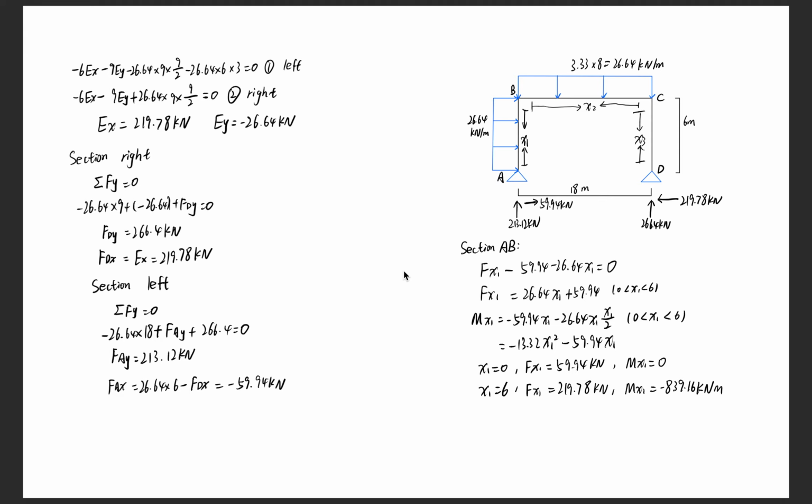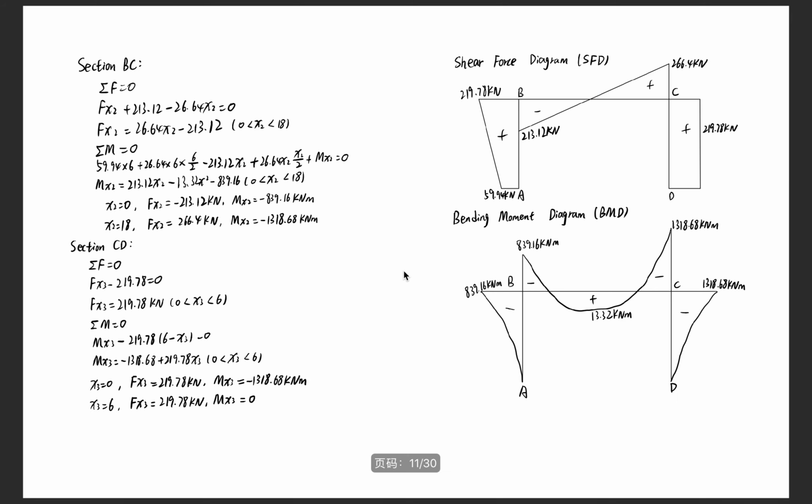For Mx1, we have the equation negative 13.32 x1 squared minus 59.94 x1. When x1 equals 0, Fx1 equals 59.94 kilonewton, Mx1 equals 0. When x1 equals 6, Fx1 equals 219.78 kilonewton, Mx1 equals negative 839.16 kilonewton meter.